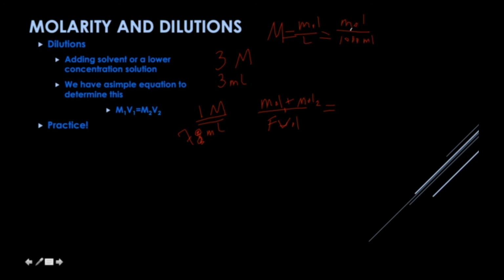It's the exact same thing. So I have 3 mils, so I need to do 3 molar divided by 1,000 times 3 of those.